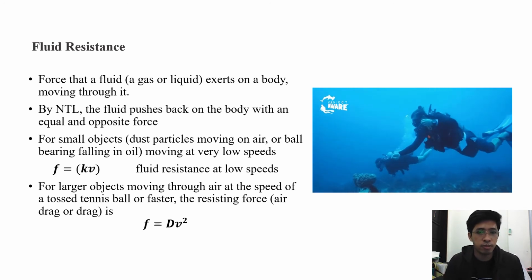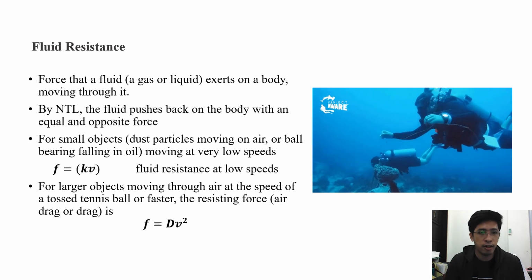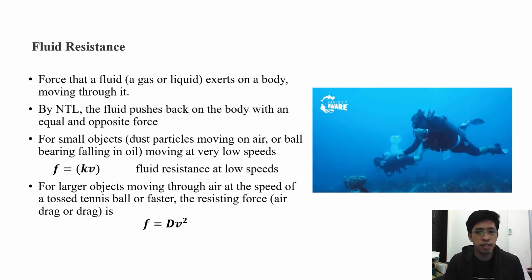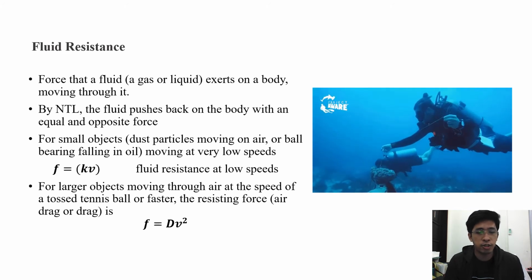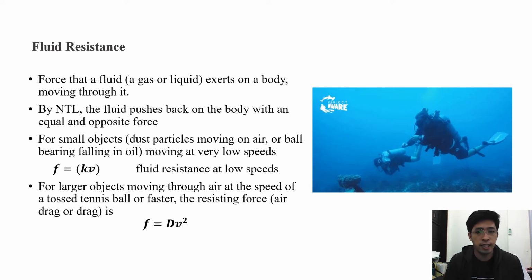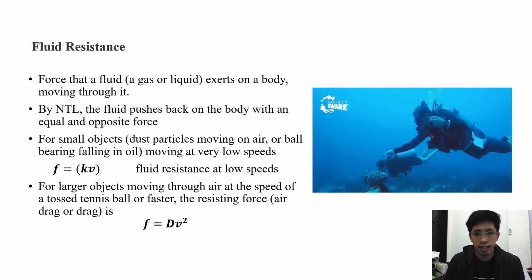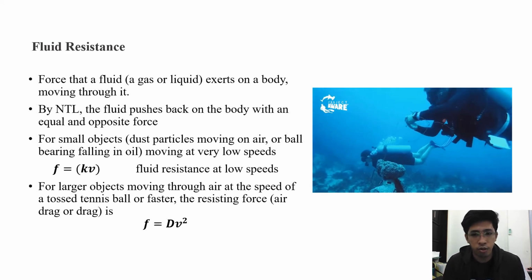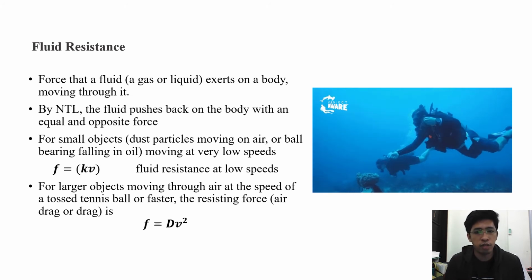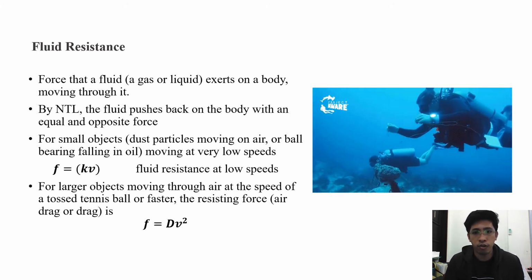And for larger objects moving through air at the speed of a tossed tennis ball or faster, the resisting force, or what you call air drag, has a value of F equal to Dv squared, where D is some coefficient for the drag force.